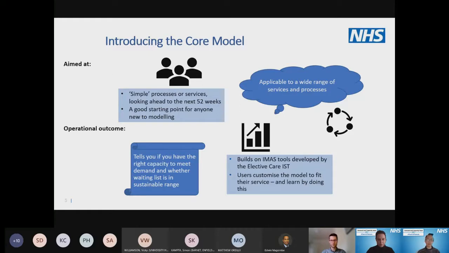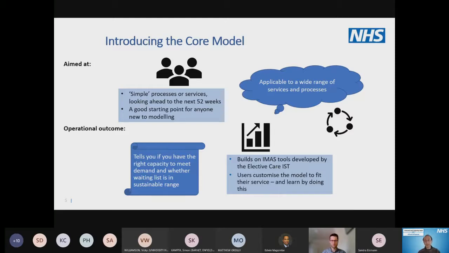Sometimes when you're looking at demand and capacity modeling, folks are like, where do I start? This is a pretty good place, especially because by its very definition, you're looking at a relatively simple process. So hopefully it'll be something that you can get to grips with quite easily. The way we use these models is we've designed them to be quite generic. Previously there were a number of tools developed called the IMAS tools.